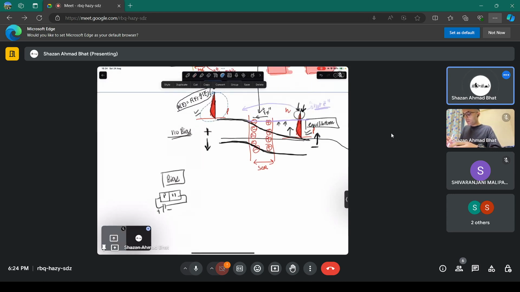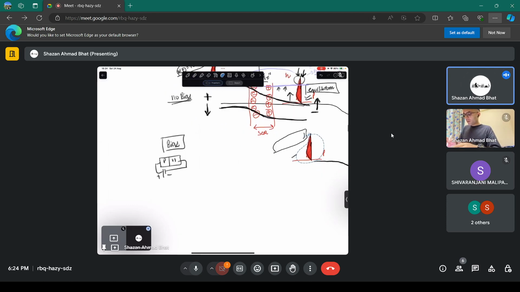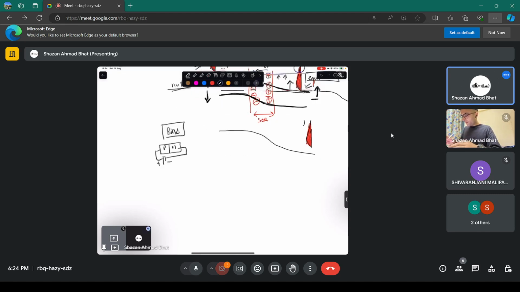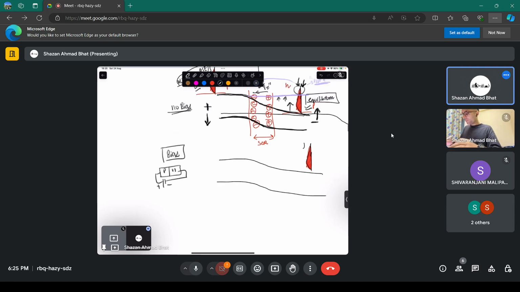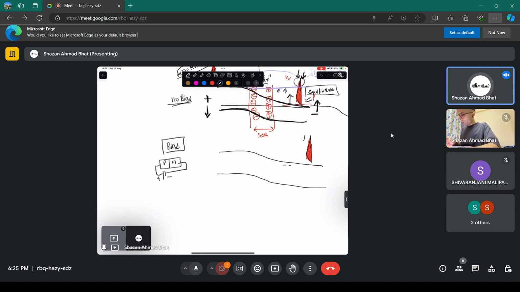Let's draw it again. Now the bending will look like something like this because you have reduced the barrier, and this will be here. There will be splitting of Fermi levels now.